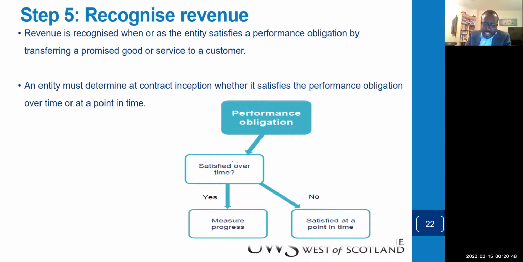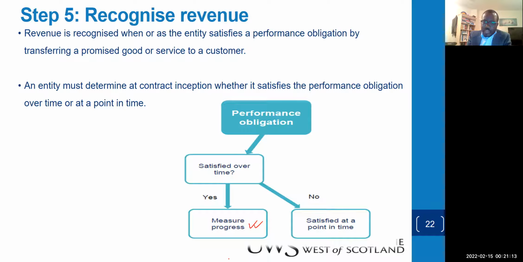Now, if it satisfies the performance obligation over a period of time, then measure the progress over that period of time. What was the progress at this stage? Normally, you see it in the construction of roads. You don't just go and finish it at a point. It goes stage by stage, step by step.